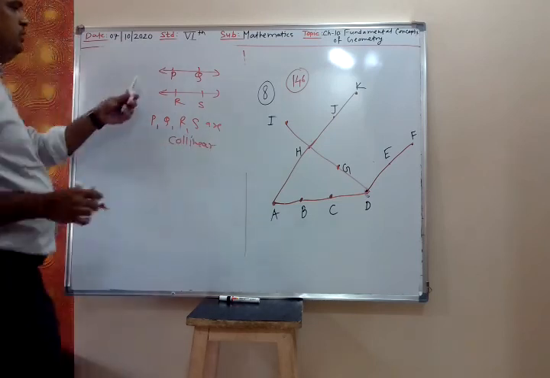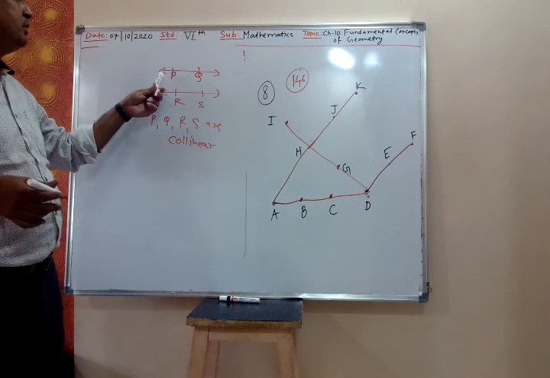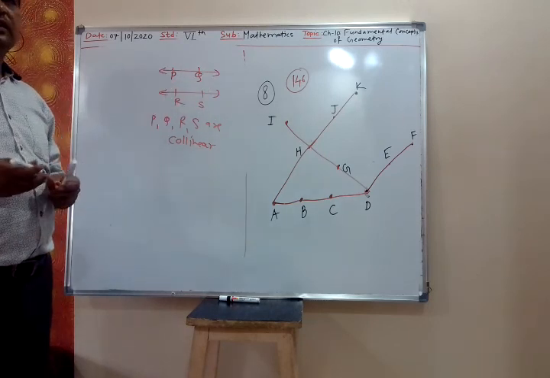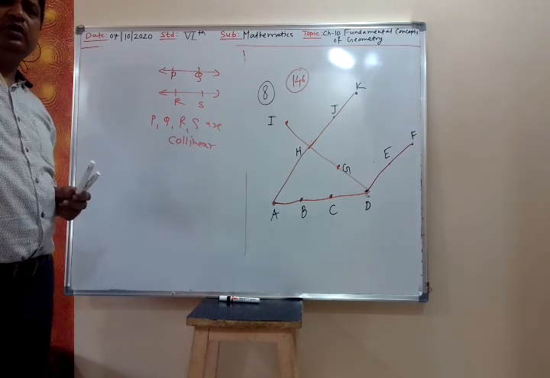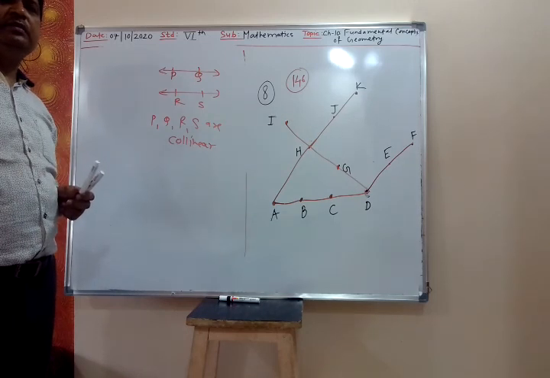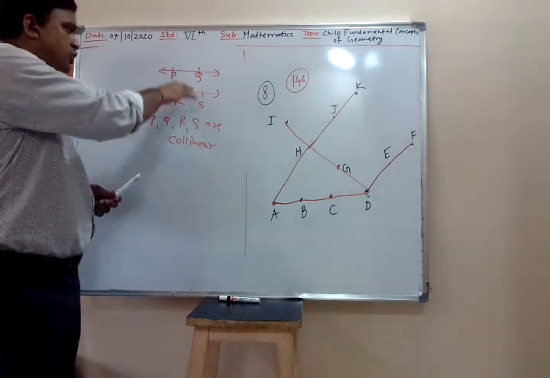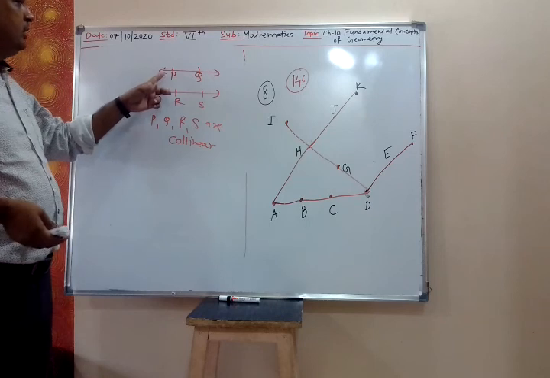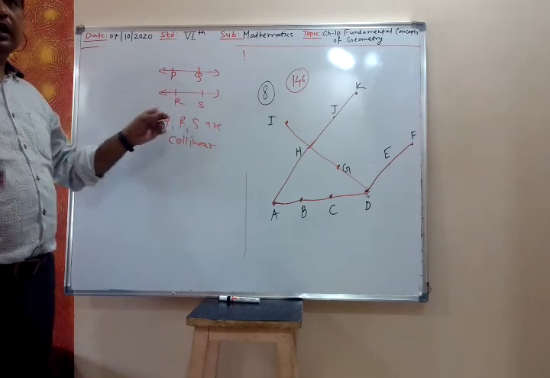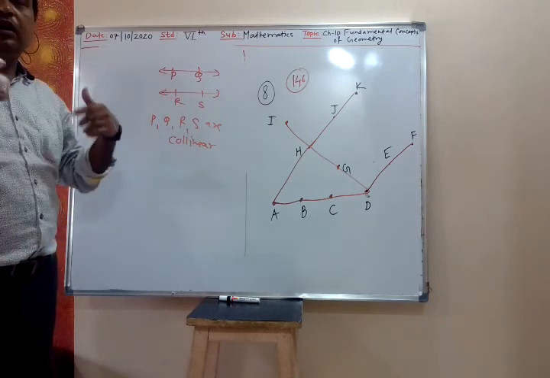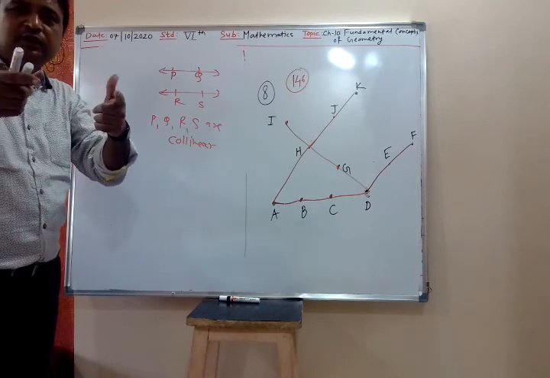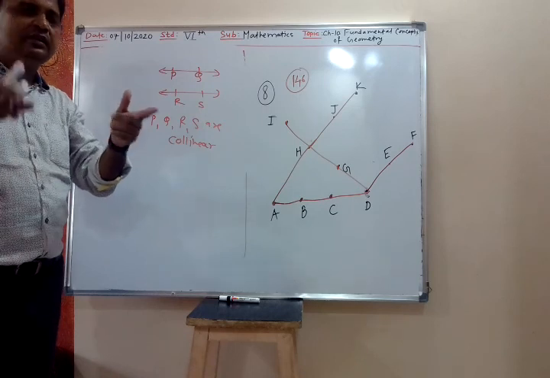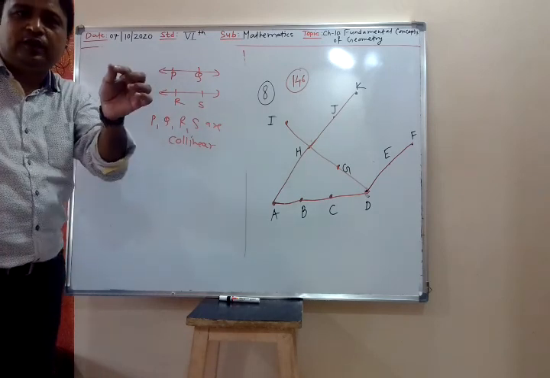This is not there in the textbook. P and Q lie on this line. No need to write. I am just asking you the doubt. You have to first understand whether all the 4 points are collinear.